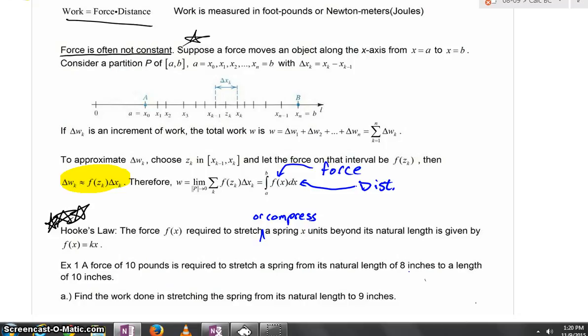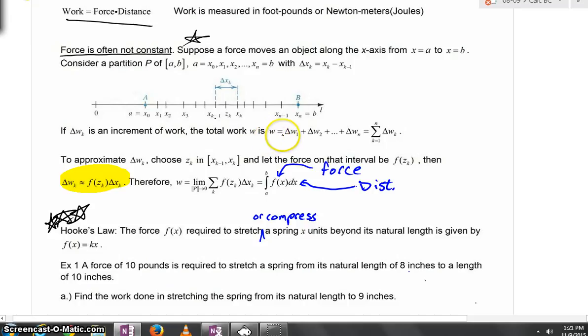Between any two x values, like x sub 2, x sub 3, or x sub 10 and x sub 11, maybe the force would be considerably different from when you began. This allows us to deal with the issue of what if the force is not constant. How could we ever work out work in this regard?